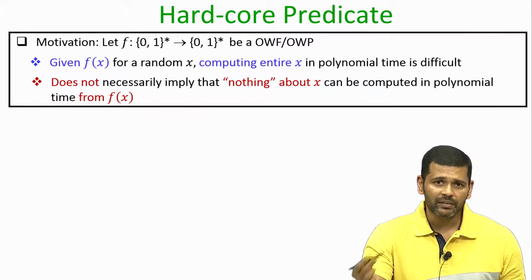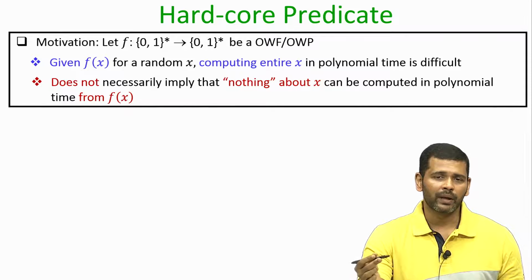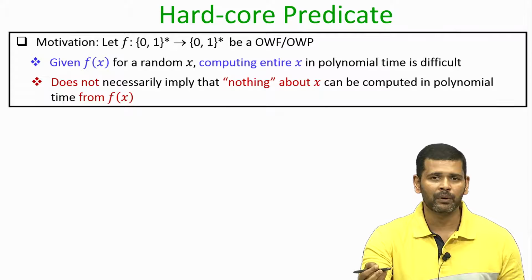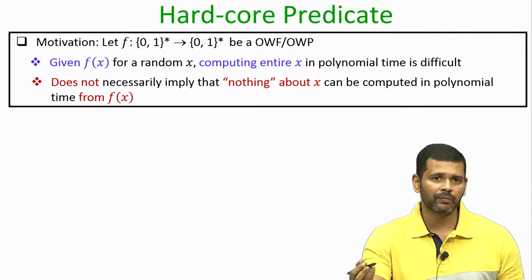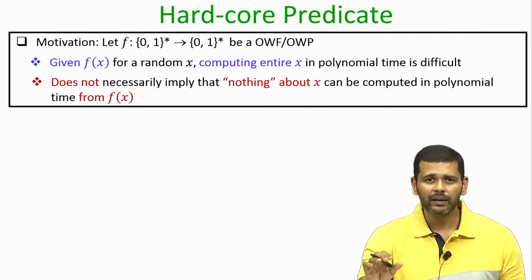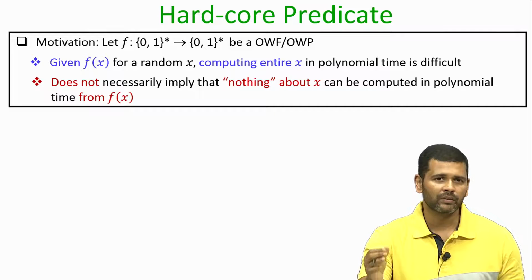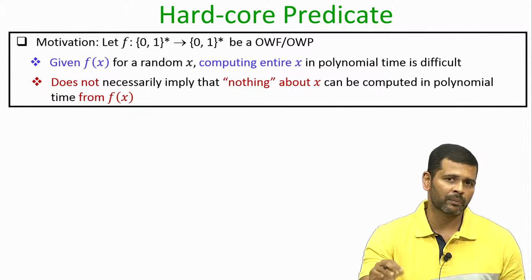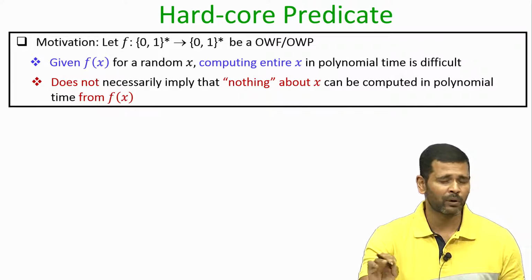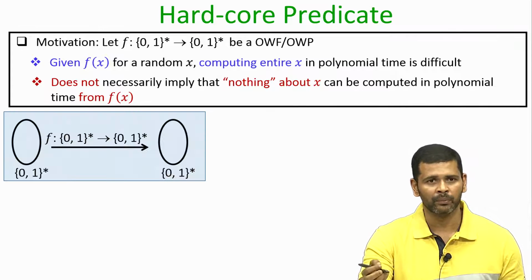But that does not necessarily mean that you cannot compute anything about x in polynomial time. There might be some information about x which you can compute from the value of f of x in polynomial amount of time. So, basically hardcore predicate models what can be computed about x from f of x in polynomial amount of time, and what cannot be computed.